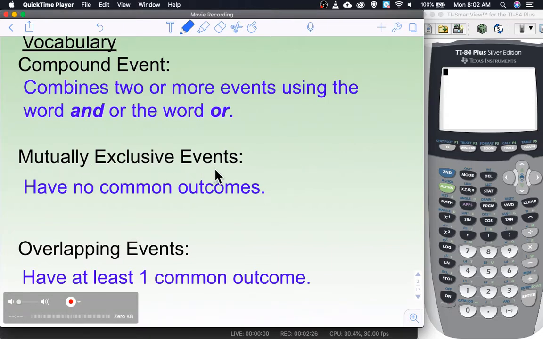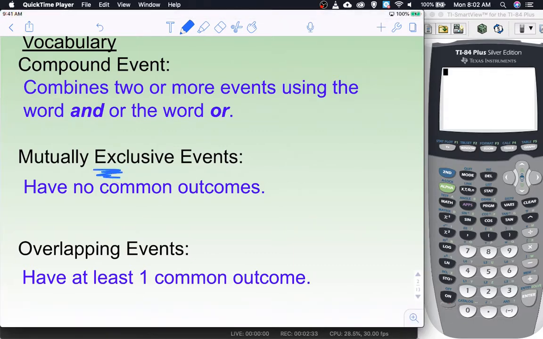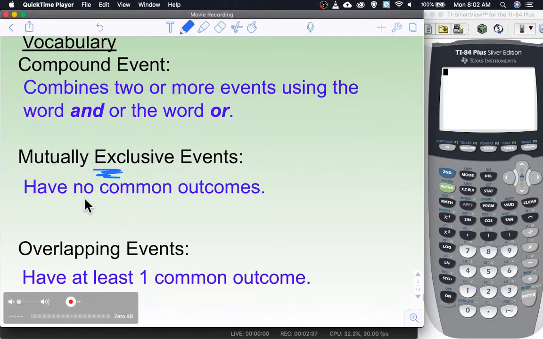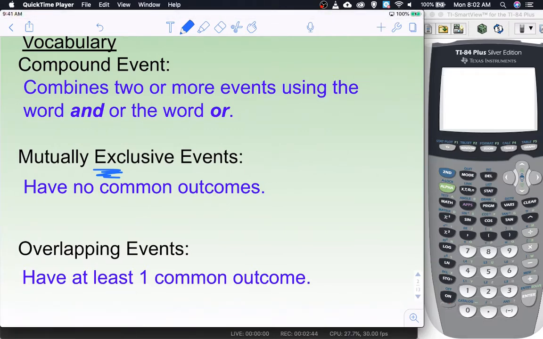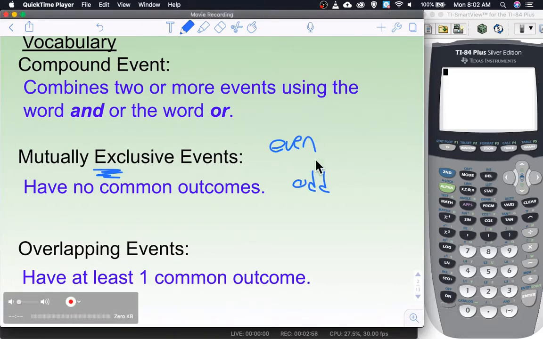Mutually exclusive events. Well, if you know what exclusive means, it means it's the only one. Two events are mutually exclusive if they don't have anything in common. A good common example of that would be if I told you to pick an even number and an odd number. Well, those 2 things are mutually exclusive.